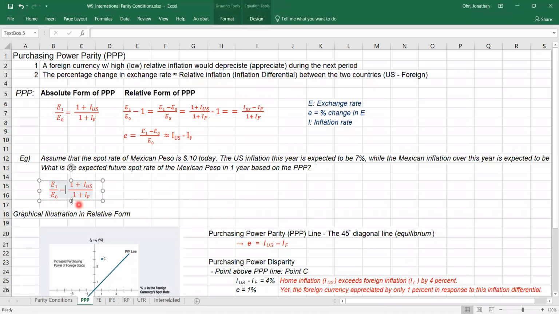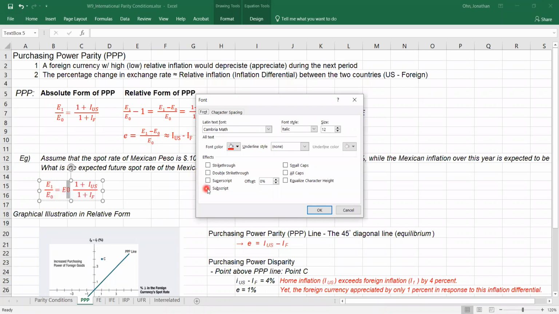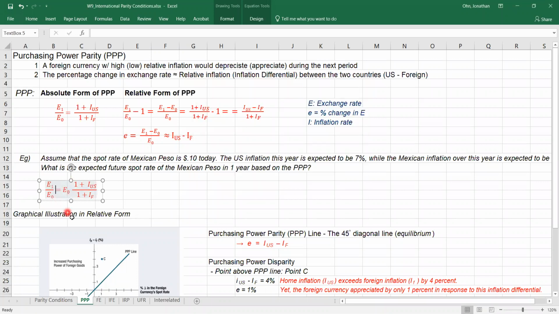The first one is, you could say this way. E0 should be subtracted that way, and this one should be E1.